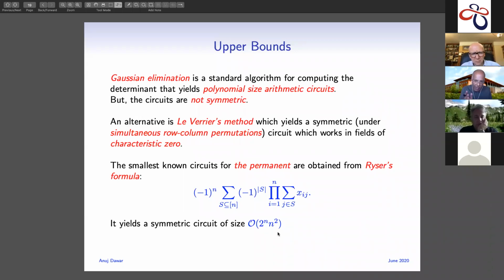So 2 to the n times n squared is somewhat smaller than n factorial. But the thing to note here is that this is the best known circuit, the smallest known circuit, without any restrictions. But it turns out it is, in fact, symmetric. Okay, so we don't know of any circuit that will do better than this. But the one we do know that works in this size is, in fact, invariant under arbitrary permutations of the rows and columns. If you apply it, you get back the same expression.